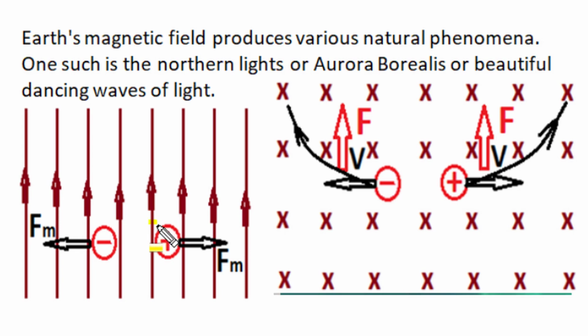Now when the downward falling positive charge shifts towards the east due to the horizontal component of Earth's magnetic field, this east moving positive charge in the northern hemisphere experiences magnetic force through the vertical component of the magnetic field, which acts vertically downward.